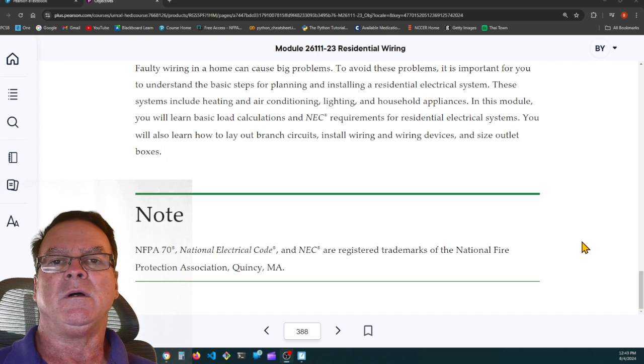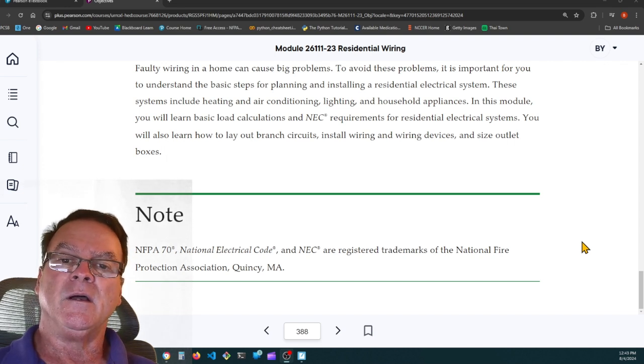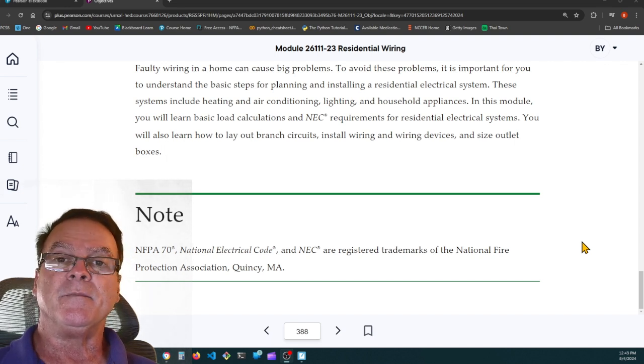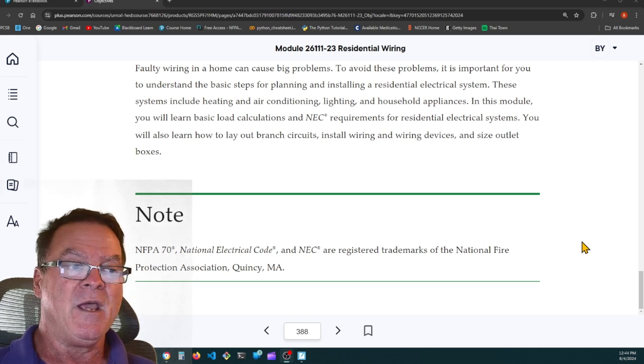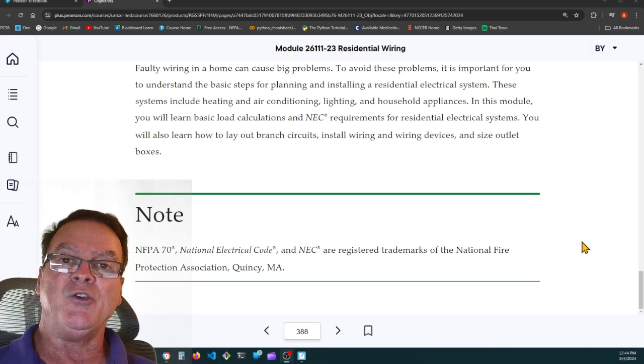When you install an electrical system in a residence, you need to bear in mind that you are keeping the population safe.